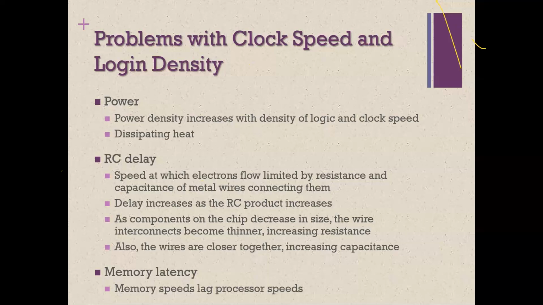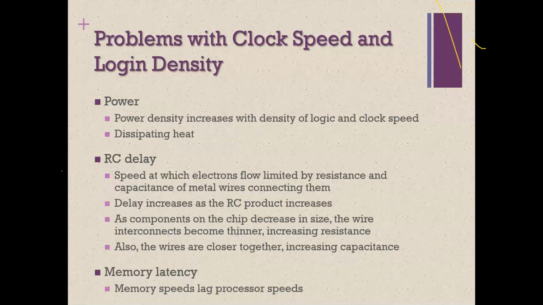Here, the speed at which the electrons can flow on a chip between transistors is limited by the resistance and the capacitance of the metal wires that are interconnecting these components. Specifically, the delay increases as the RC product increases.